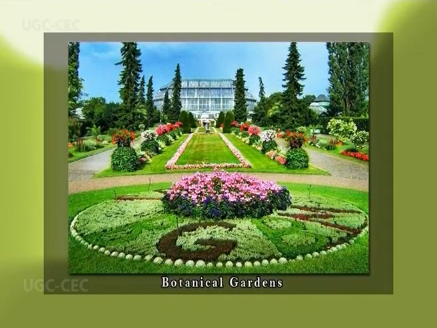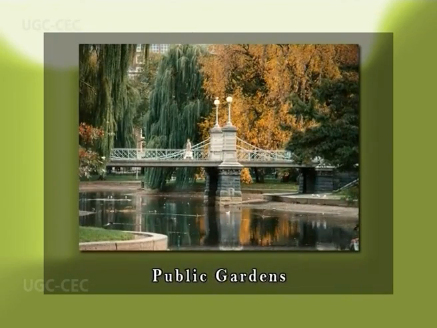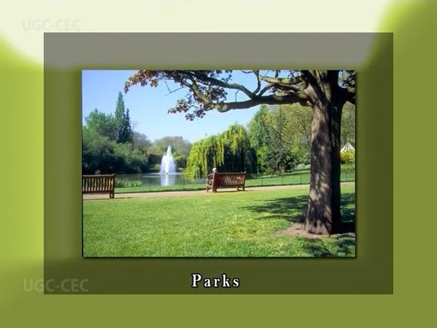Botanic gardens, public gardens, parks and other greeneries form an effective network of conservation of plants of utility and aesthetic value, besides their role in protecting ecological balance, preventing environmental degradation and maintaining a pollution-free natural atmosphere.